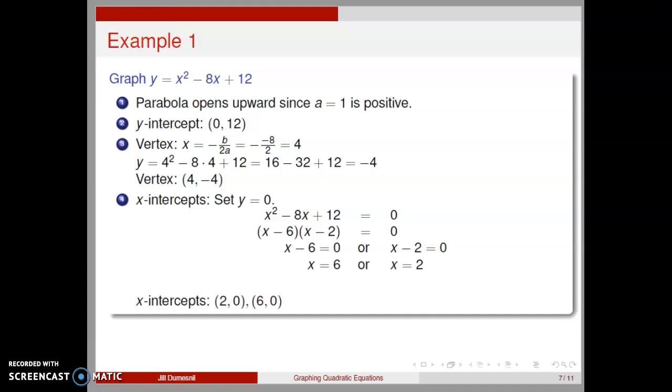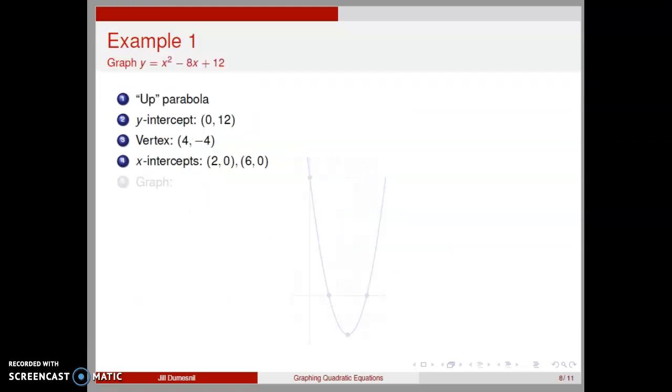Thus, the x-intercepts are the points (2, 0) and (6, 0). In our solution, we repeat what we just found to have a list of conveniently accessible points, and then we can draw the graph.